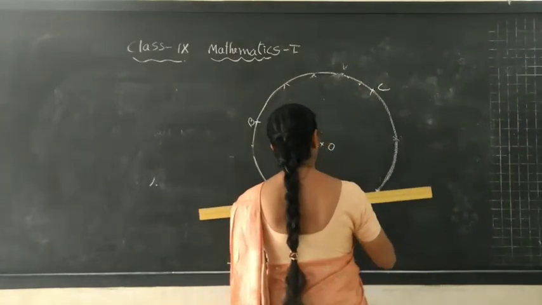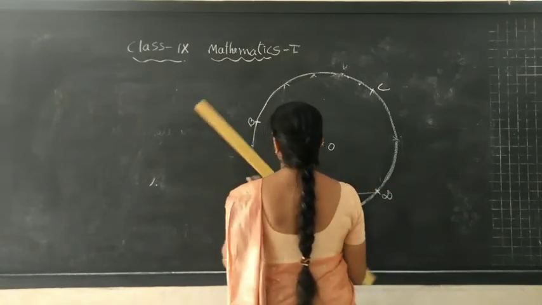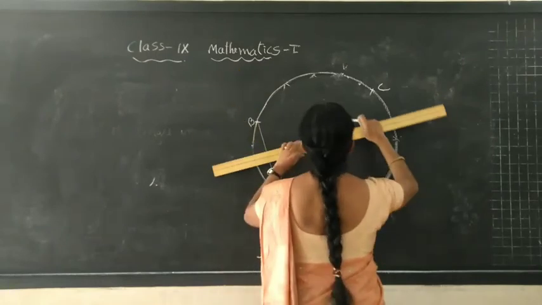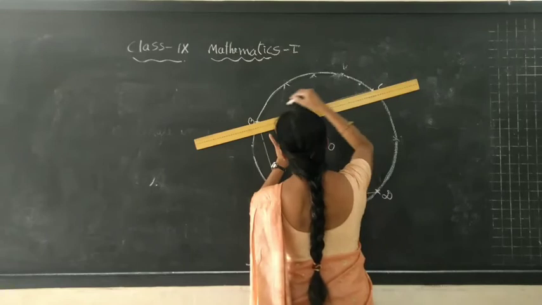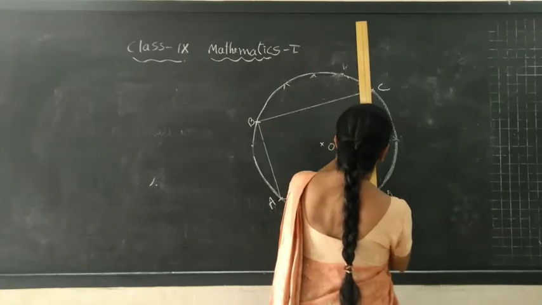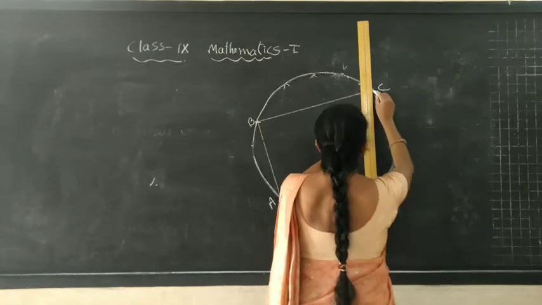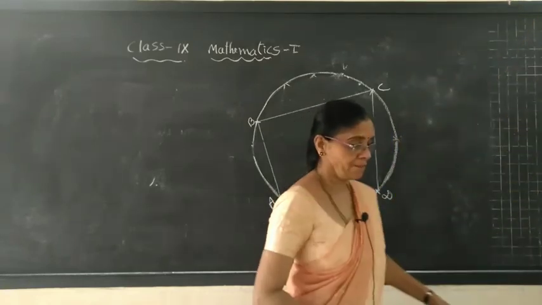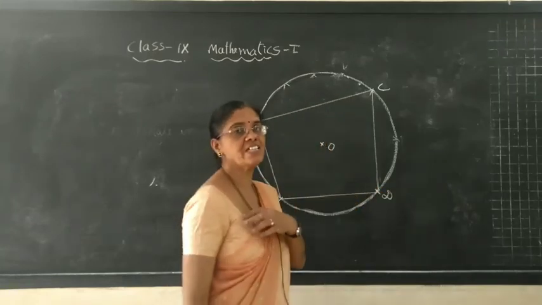Join A and D. Join A and B. Join A and C. So you got a quadrilateral ABCD, right?